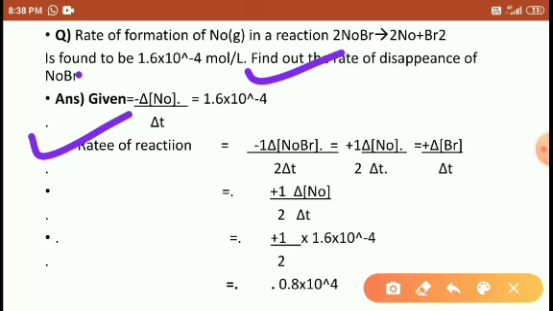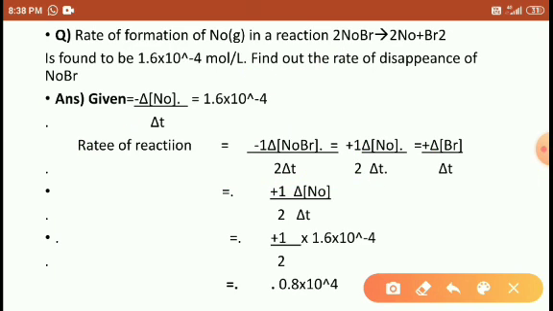So in this case, first you have to write the rate of reaction. I write it in this form: decrease in concentration of NOBr, with stoichiometry 1 by 2, and the increase in concentration of NO, with stoichiometry 1 by 2. The Br2 is here. Right, students.